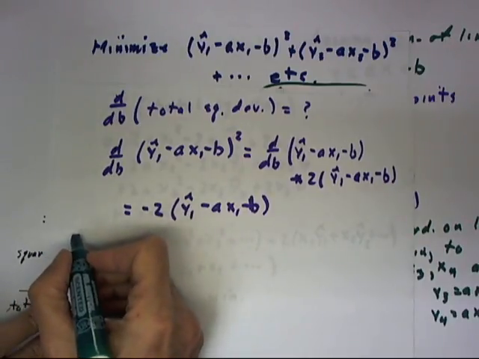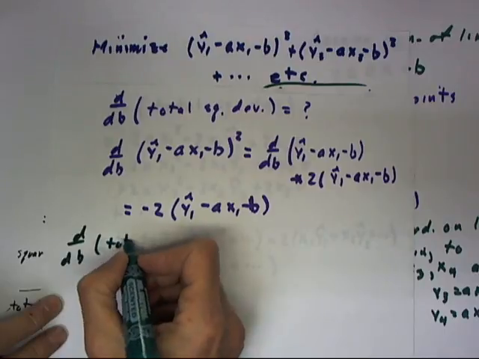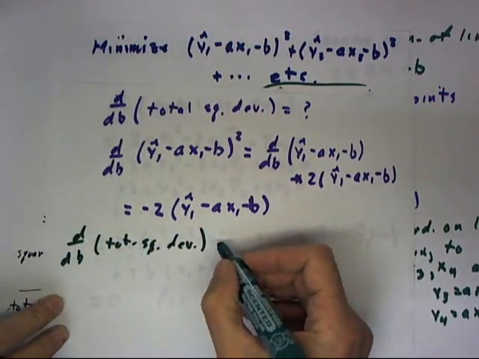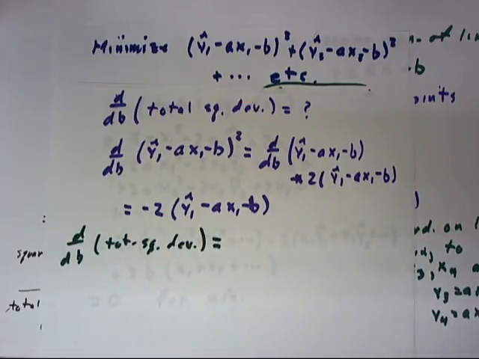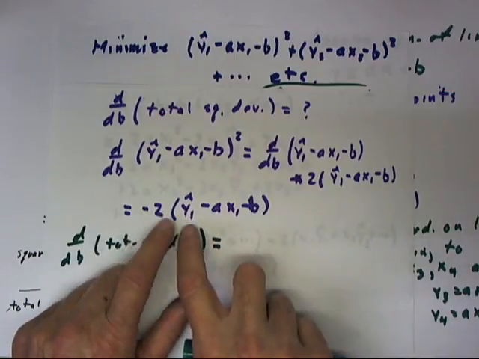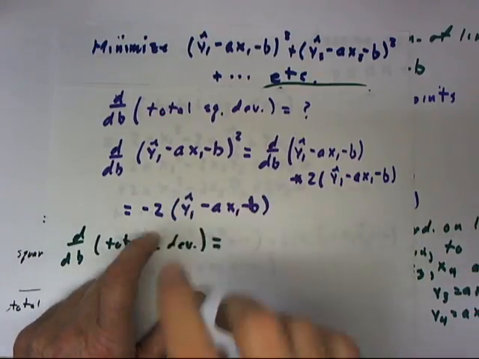So the derivative with respect to b of the total squared deviation is going to be what? From each term here, we're going to have a -2 times y1 or y2 or y3 hat.